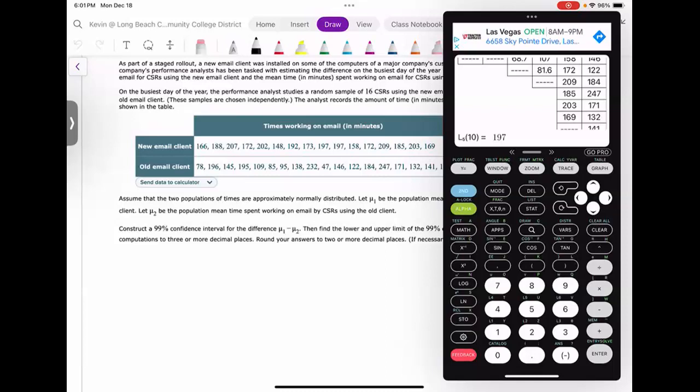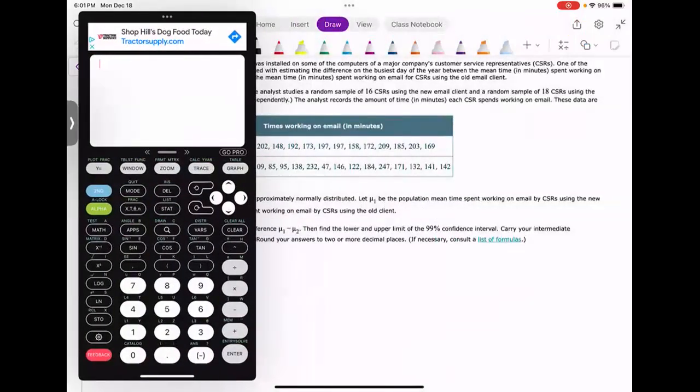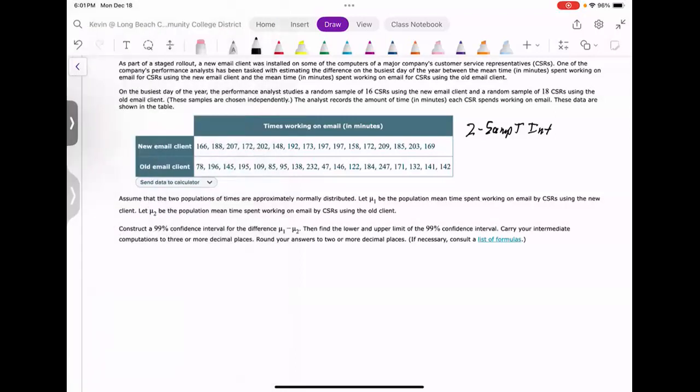I can stop stressing then. Oh, I know what I did. I hit insert instead of quit. That's okay. Okay, so we are going to be using a two-sample t interval, or confidence interval here.